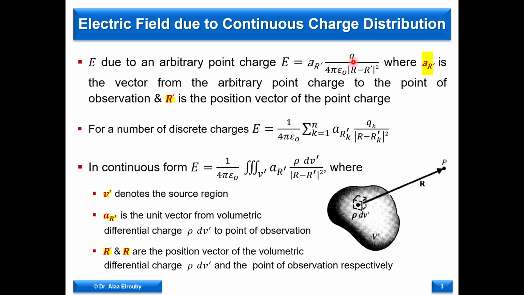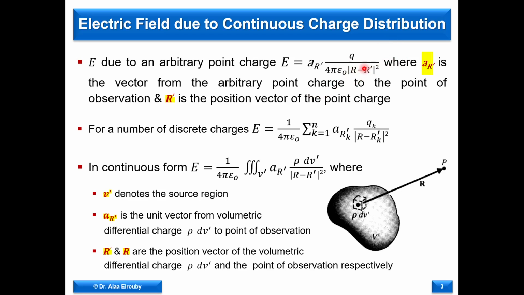If we have a point charge located at any place and an observation point at an arbitrary point, the electric field caused by this point charge has this expression. In this expression, R minus R prime is the vector from the source to the observation point. aR prime is the unit vector from source to observation.